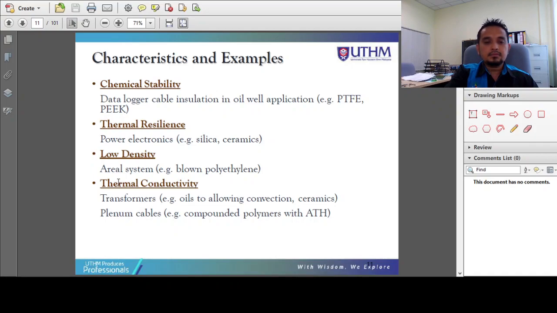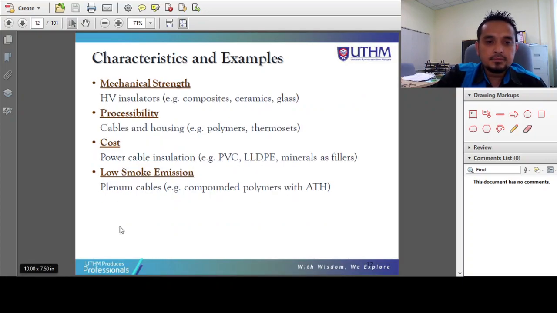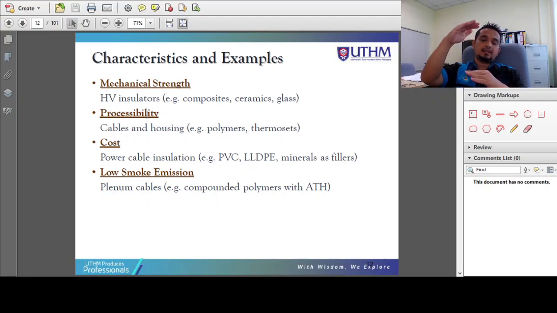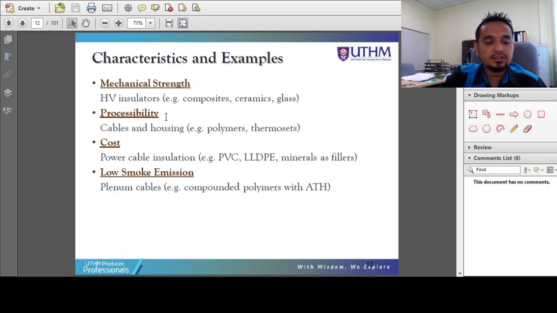And thermal conductivity, as explained before, for the transformer, we use oil to allow convection within the tank. Mechanical strength, like the polymeric insulator I explained before, needs to have good mechanical strength so that the overhead line cable doesn't fall down to the ground.